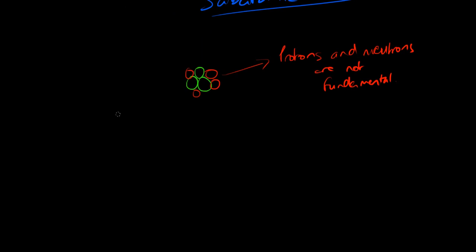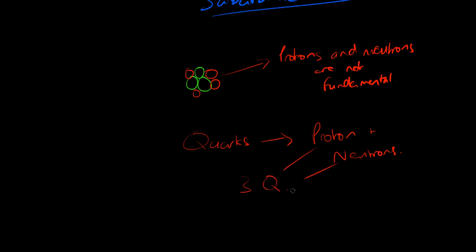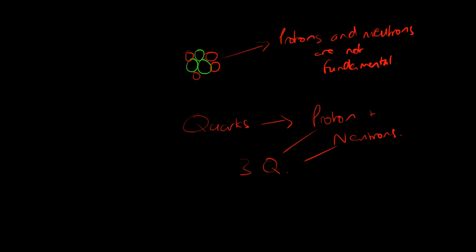So, what we've learned so far is that quarks make up protons and neutrons, right? In fact, 3 quarks make up protons and neutrons.